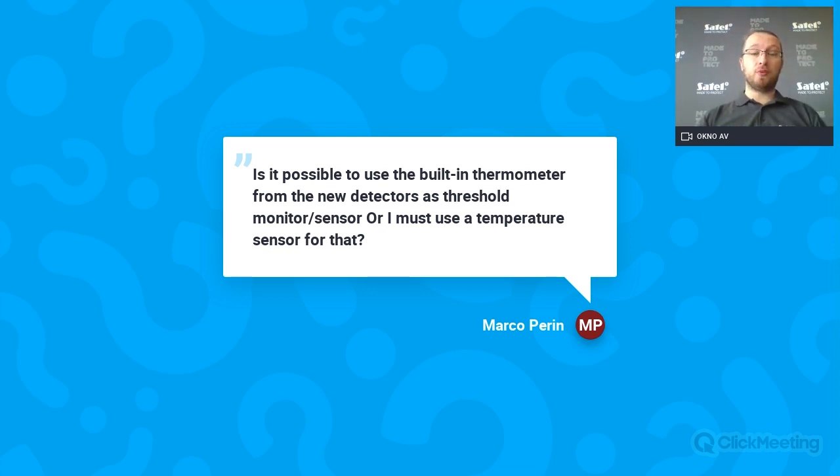If you want to use a threshold from the temperature of the detector, you have two possibilities. The first possibility is to use a thermostat output. You choose which detector you are using the temperature from, and you set temperature values. But this is only a low threshold.